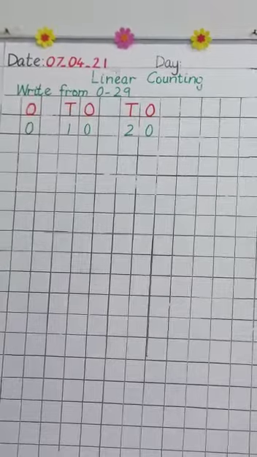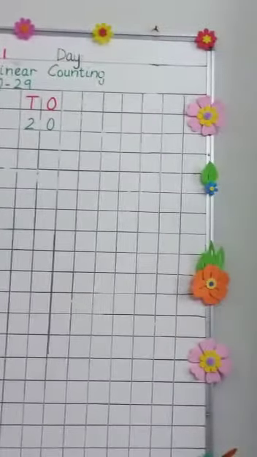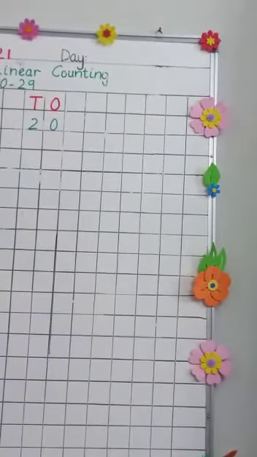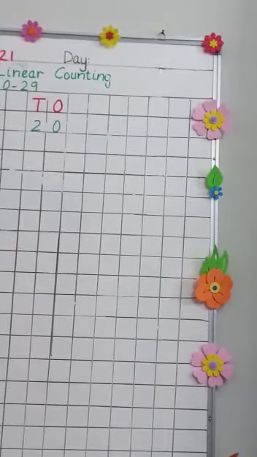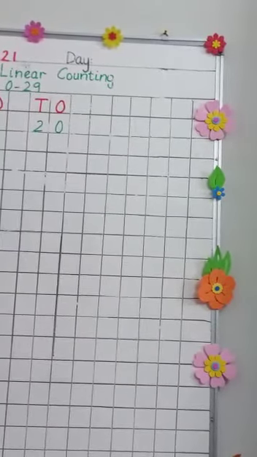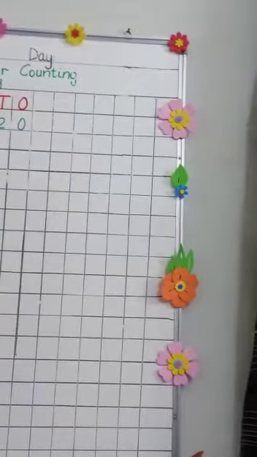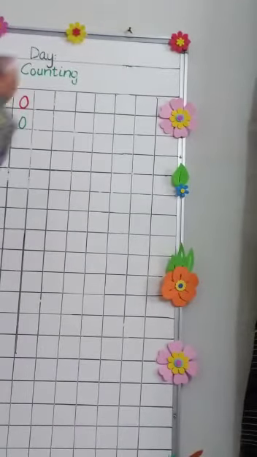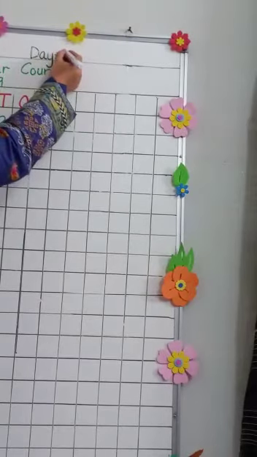Okay, now we have to write down the day. So what day is it today? Today is Wednesday. Okay, so let's write down the day. And you have to say the spellings as we write. Okay? All right. So let's begin.